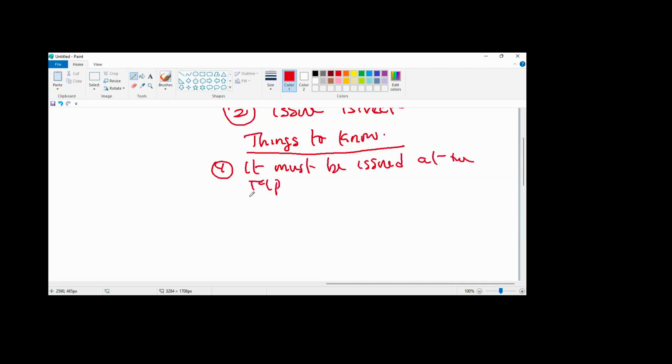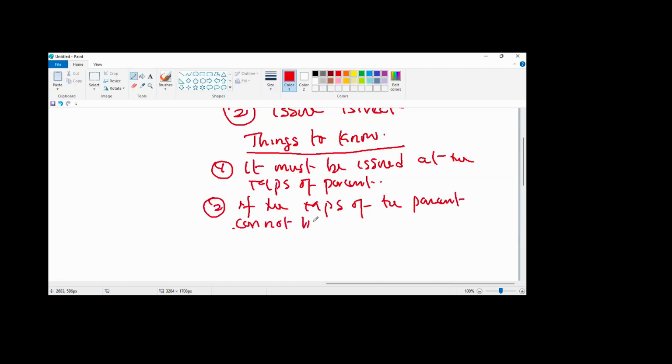Second one, if the market price per share of the parent cannot be determined in a question, then the market price per share of the subsidiary should be used.